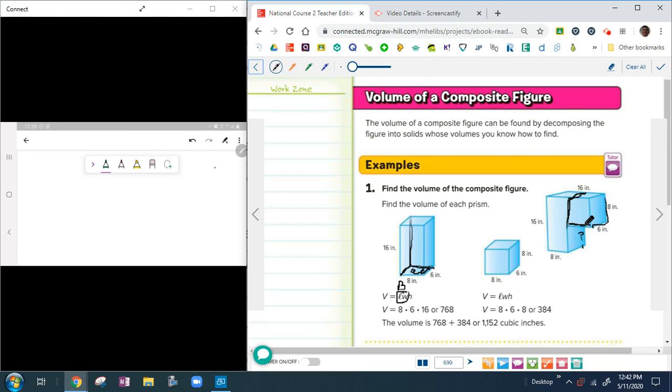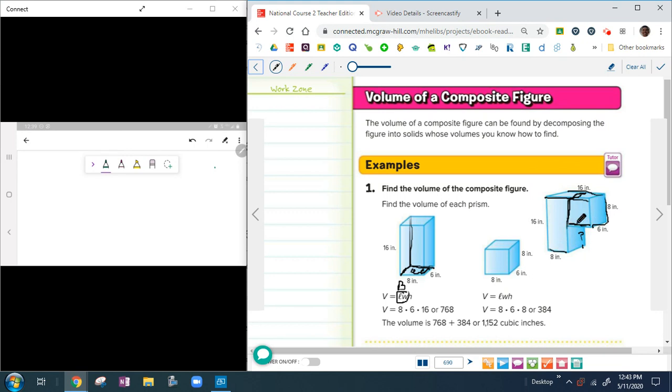This goes back to when we were doing composite solids and figuring out missing dimensions or missing lengths. We have to look at all of the other lines that are going in this same direction. That would be this 8 here, and this one here, which we can match up with this back one, which is 16. So we have this front line, which is 16, and this bottom line, which is 8.